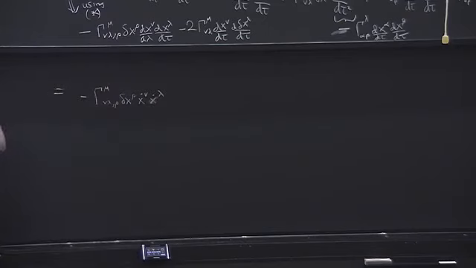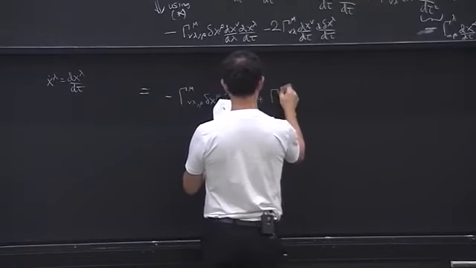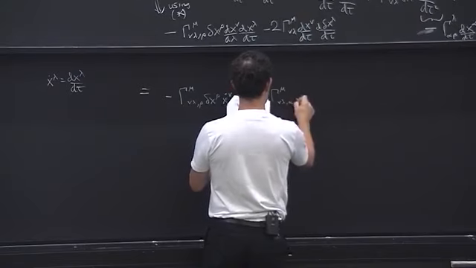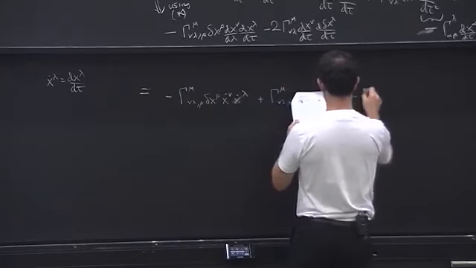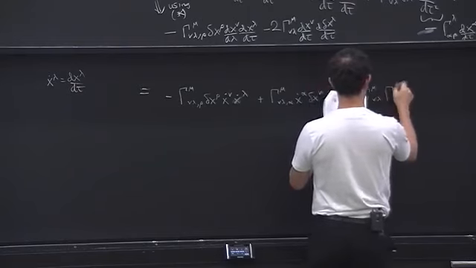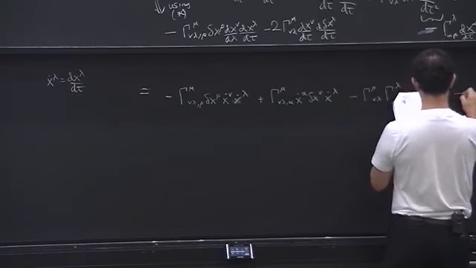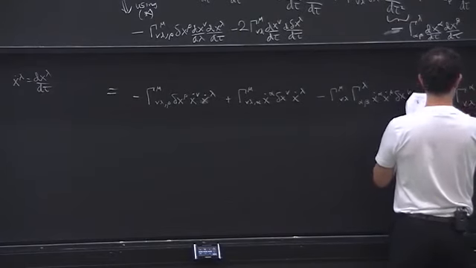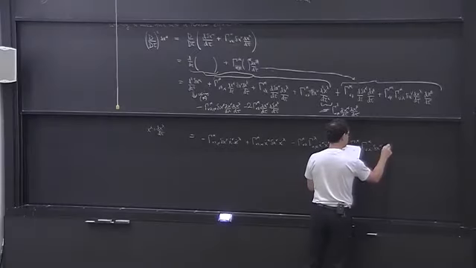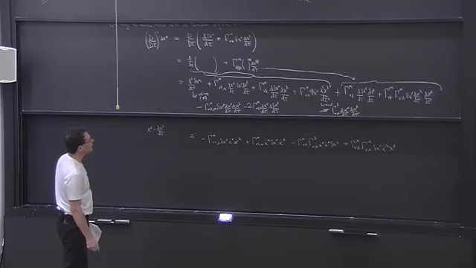So x dot lambda is dx lambda d tau plus gamma mu nu lambda comma alpha x dot alpha delta x nu x dot lambda minus gamma mu nu lambda gamma lambda alpha beta x dot alpha x dot beta delta x nu plus gamma mu alpha beta gamma alpha nu lambda delta x nu x dot lambda x dot beta. And hopefully I have got everything.